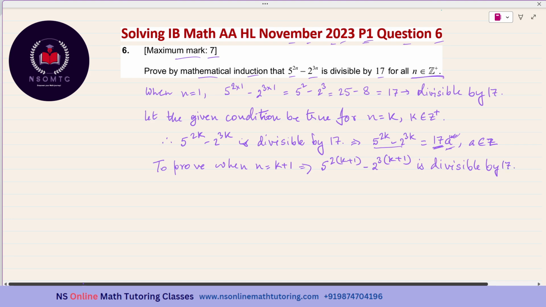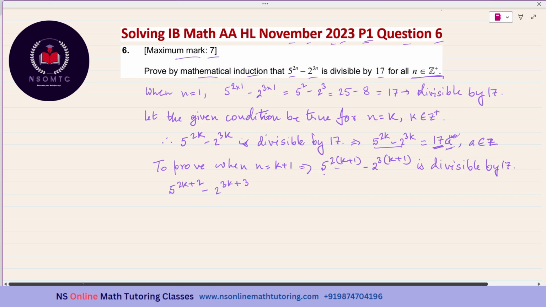So 5 to the power of 2 times k plus 1 and 2 to the power of 3 times k plus 1. I can just expand the powers and I get that as 5 to the power of 2k plus 2 minus 2 to the power of 3k plus 3.